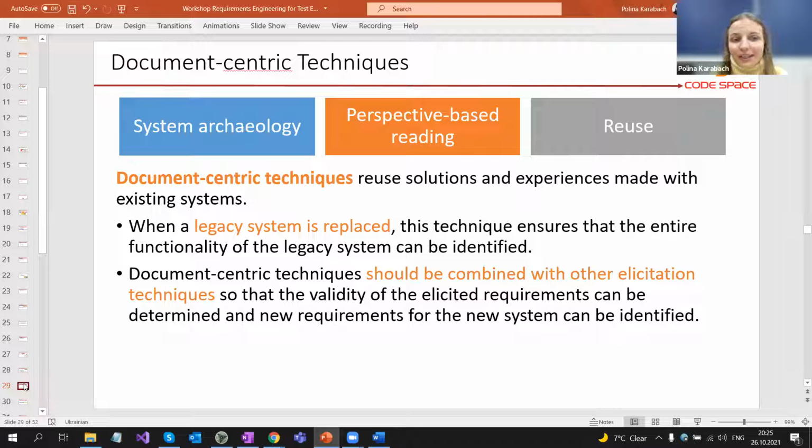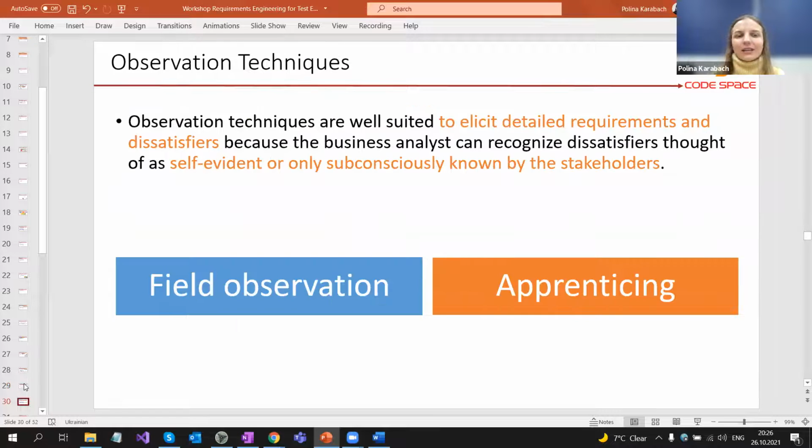Of course, this technique allows us to elicit and document the requirements of the existing functionality. So in case these are not the only features, and we have to make sure the older functionality works and is, for instance, transferred correctly to the new system, we'll need to combine it with some other elicitation techniques, the creativity, or the survey.